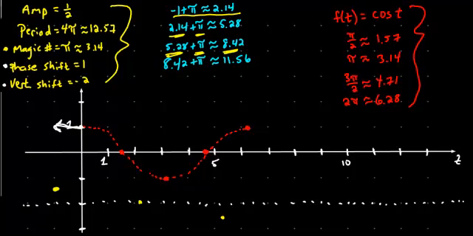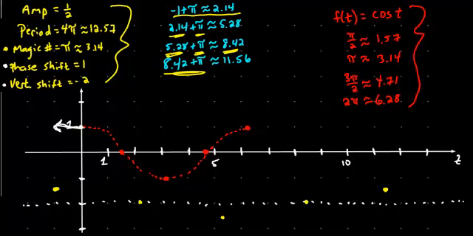So at 8.42, 5, 6, 7, 8, 8.42, let's say right in there. Okay, and then I complete the last quarter of my unit circle by adding another pi, and that puts me at about 11.56. 10, 11, 11.56, and again, the cosine value is going to be 1/2 there.